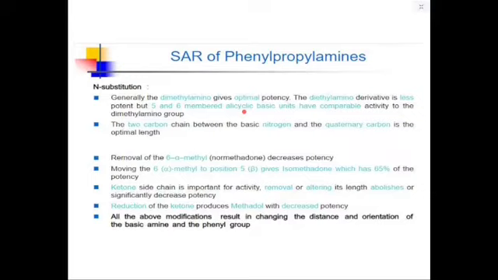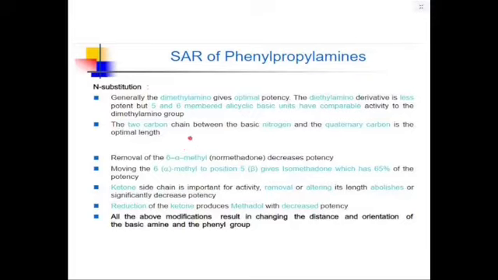So the nitrogen can be part of a 5 to 6 membered alicyclic or heterocyclic ring with good activity, similar to the dimethyl amino group. That's why you find some drugs that do have the heterocyclic 5-membered ring with retention of activity.